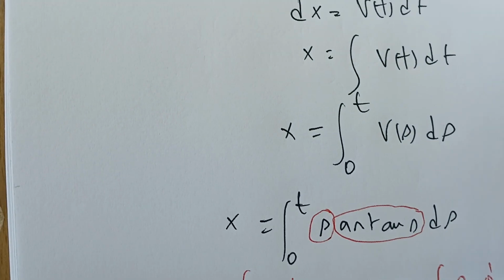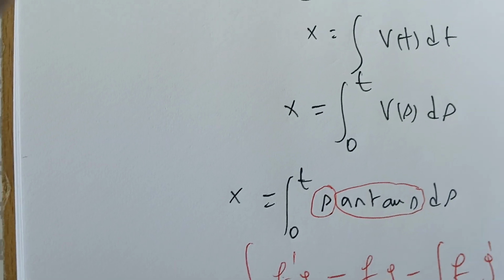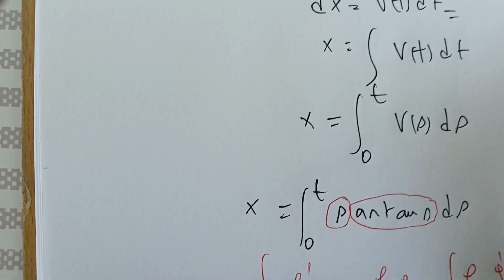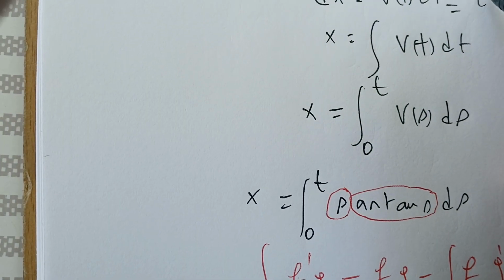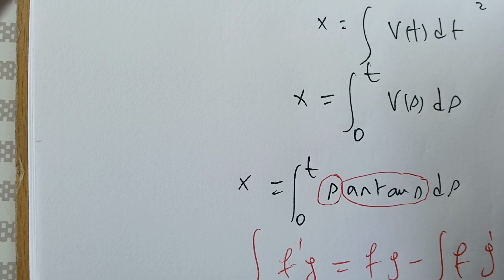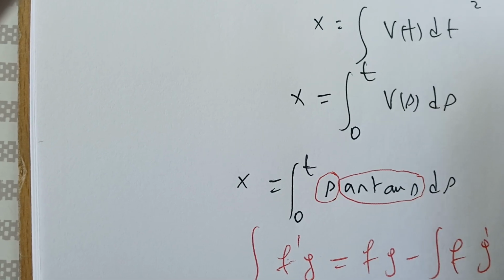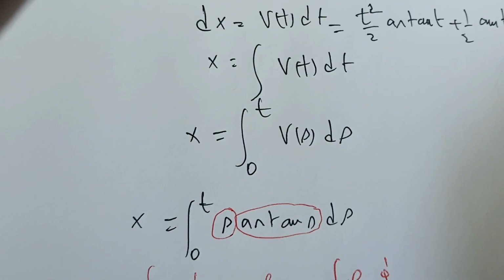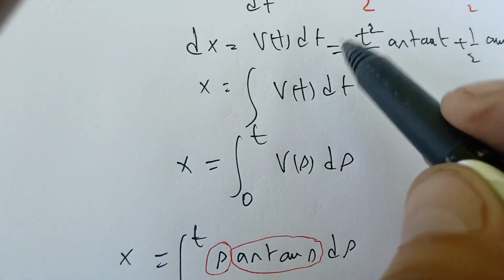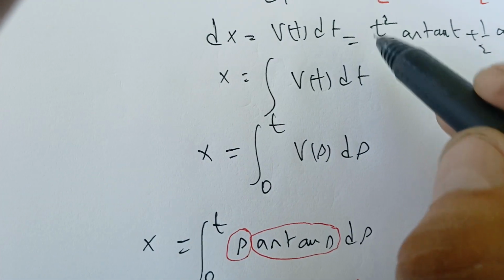When I evaluate between 0 and t, 0 is going to give me 0, it's clear. I have t squared over 2 arctangent of t plus 1/2 arctangent of t minus 1/2 t. This is in meters. So this is my x.